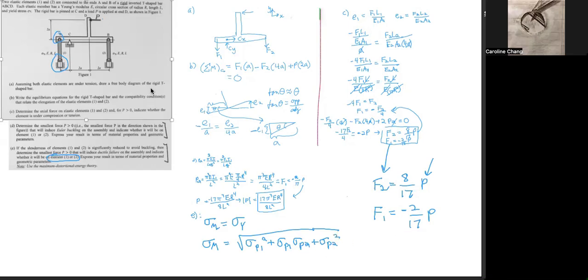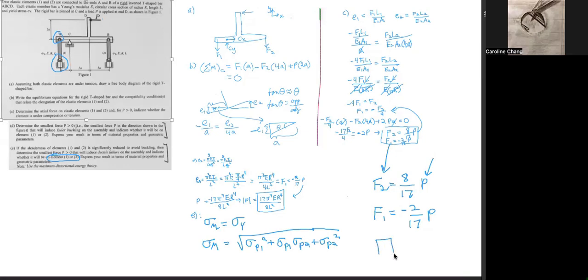Because this is an axial system, there are only axial forces. Since there's no force in the x direction, there are only forces in the y direction. And since F2 is positive, it means that F2 is in tension. We are going to use F2 because it's our limiting force.